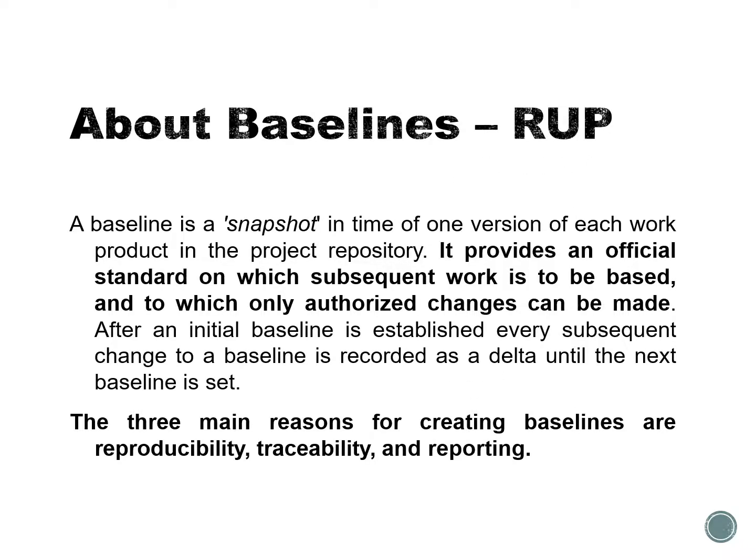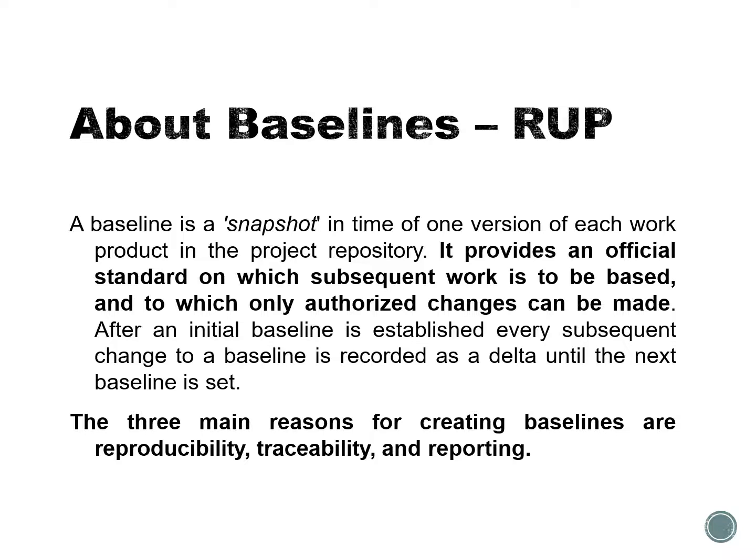So of course, the Rational Unified Process also defines things for baselines. Their idea is more or less that baselines allow us to reproduce the problems caused by the delta, the changes.